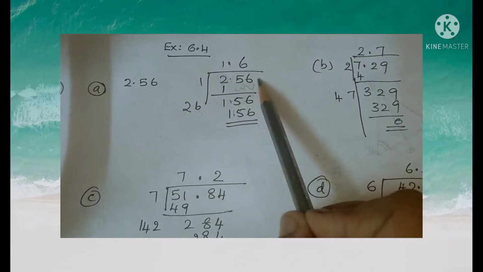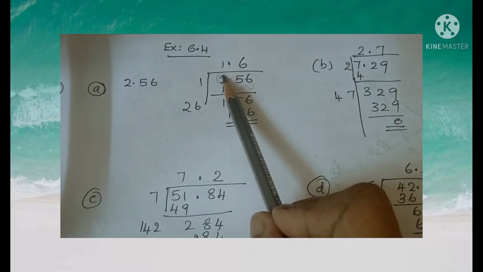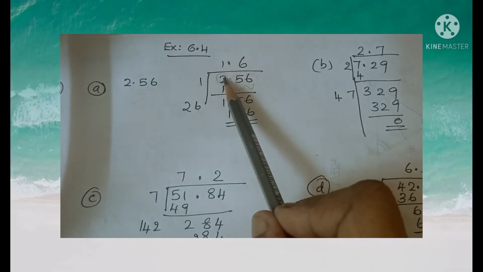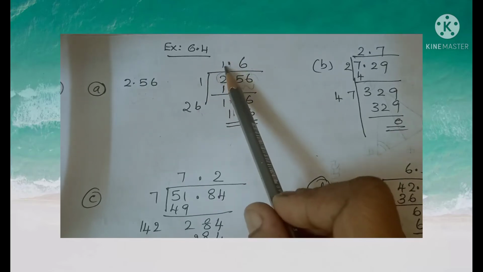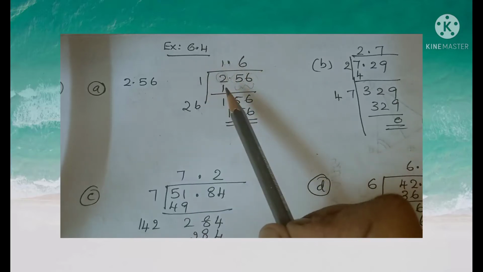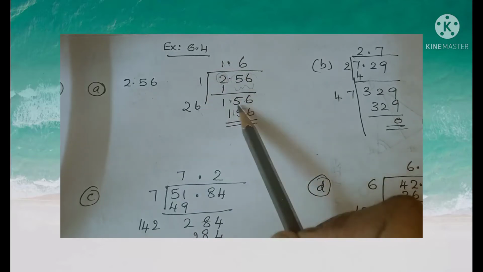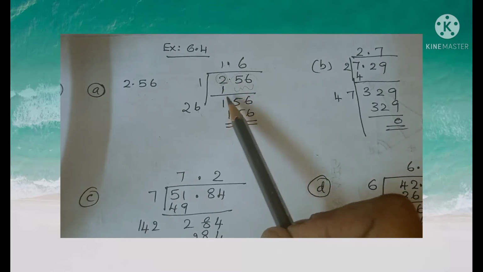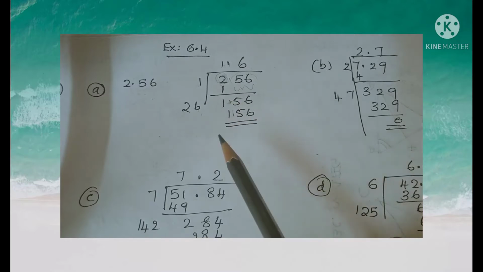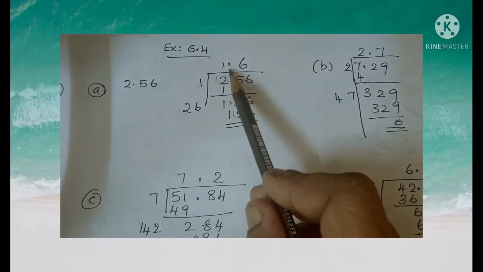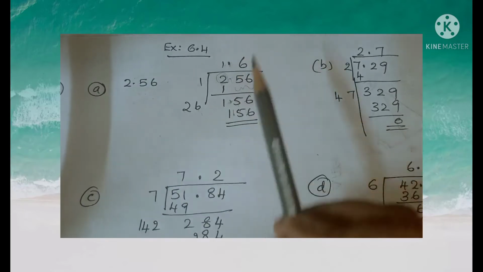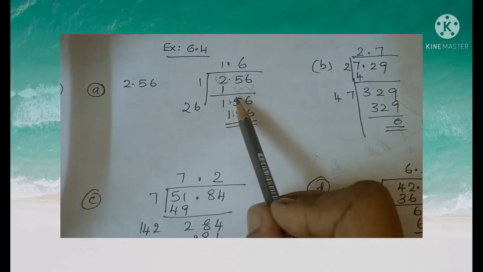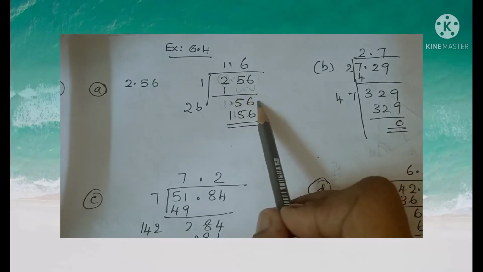2.56. 56 in one group, 2 in another group. 2 lies between 1 and 4. So write 1 here, 1 into 1, 1. Then 5, 6. After subtracting we get 1, so here 1 5 6. No need to write the point here, it is only 156.